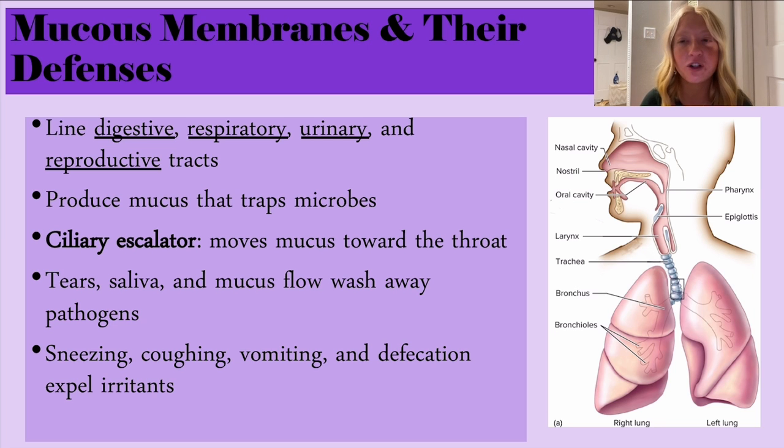This has an additional layer of defense because it's lined with cilia, which are tiny hair-like structures that sweep the mucus upward so it can be swallowed or coughed out. And tears and saliva also continuously wash the eyes and mouth. And also, vomiting or defecation can physically expel any unwanted materials.